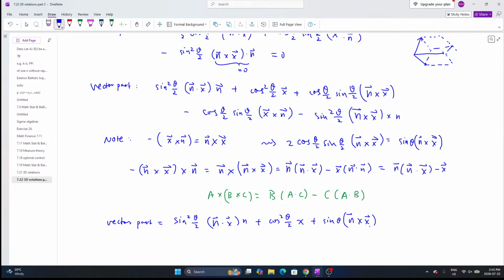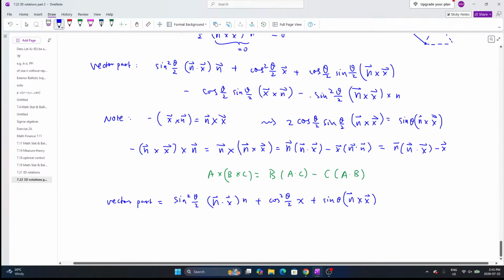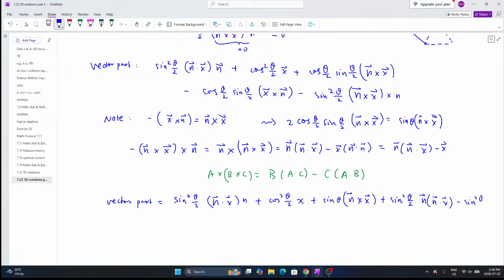And the final term, the minus sign is already absorbed, so that's sine square of half theta times N times N dot X minus sine square half theta X.